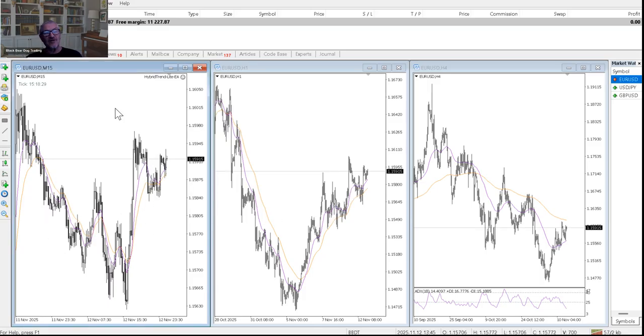This is used when we have an actual open order. Wherever our stop loss and take profit is going to be, this particular indicator will show you, instead of pips or points, what your stop loss or your take profit is in actual currency.